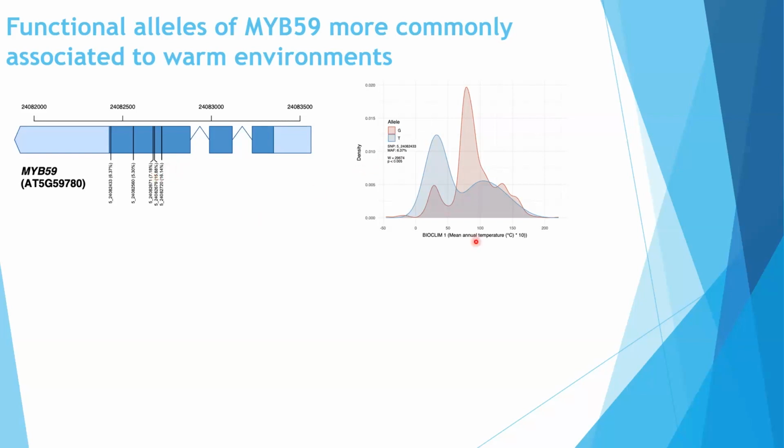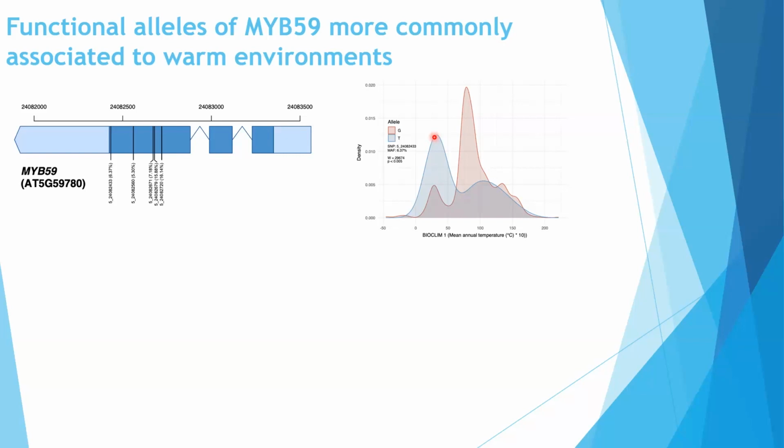And one of the things we did was compare the different alleles, the different varieties of these genetic polymorphisms, to temperature and climatic parameters. So one of them was mean annual temperature, and you can see that specific alleles can separate when you compare the temperature from where the population arises.